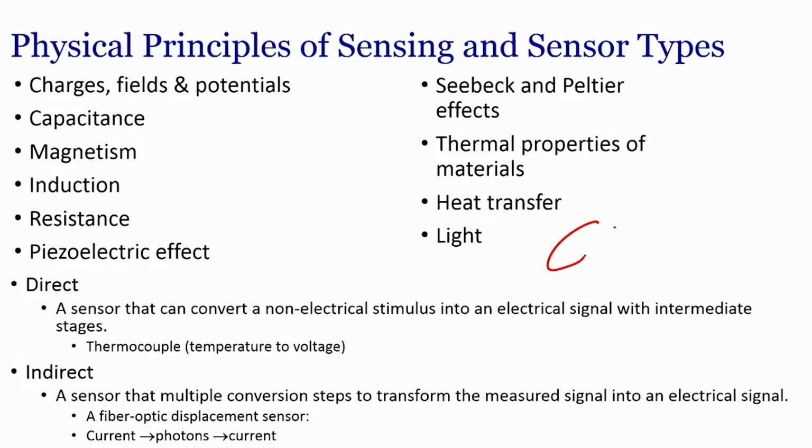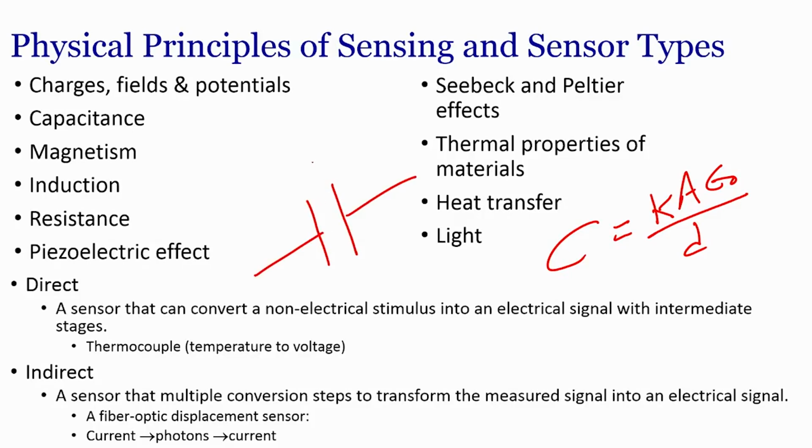I just gave you an example of resistance. How about capacitance? For capacitance, if you see the slide, the formula is C equals K A epsilon naught upon D. Here epsilon naught is the permittivity, A is the area, K is the constant, and D is the distance between the two plates. What is a capacitor? A capacitor is nothing but two conducting plates separated by dielectric material or air.